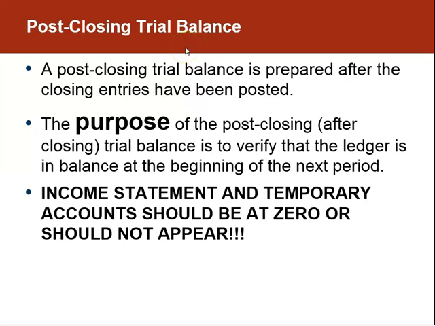Only the permanent accounts should appear. Those should be the only accounts that have a balance other than 0. Most of the time, on a post-closing trial balance, the temporary accounts are just not going to appear at all. They simply should not appear.